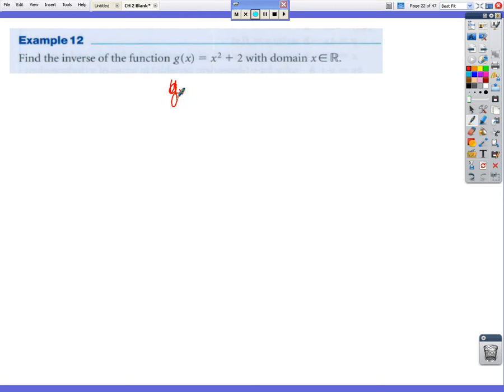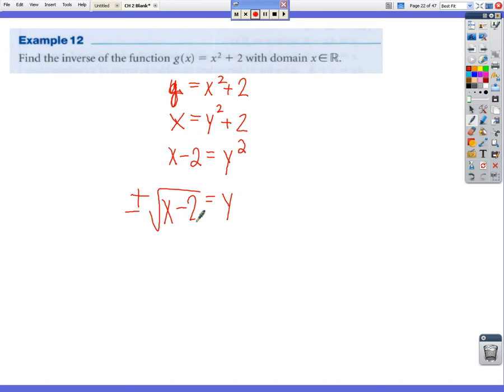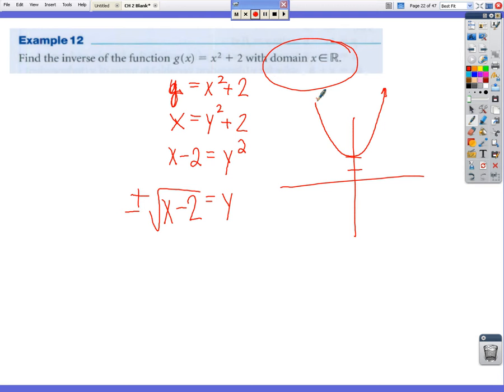I'm going to use the function y is equal to x squared plus 2, switch the x and y, and we're going to solve for y. And then when I take the square root, I need the plus or minus square root of x minus 2. This is extremely important. It says that I'm going to find the inverse of this function.